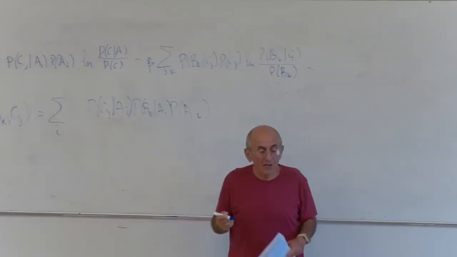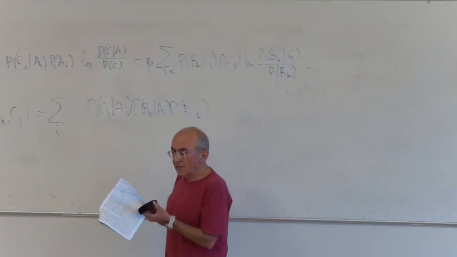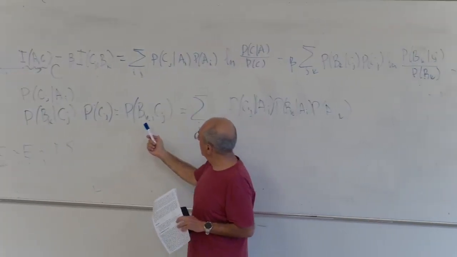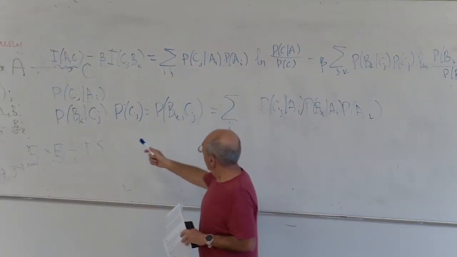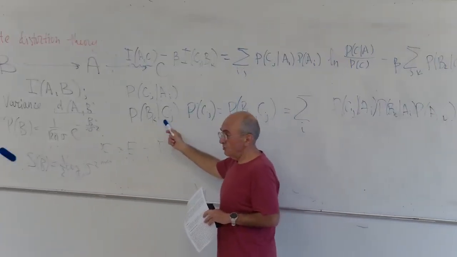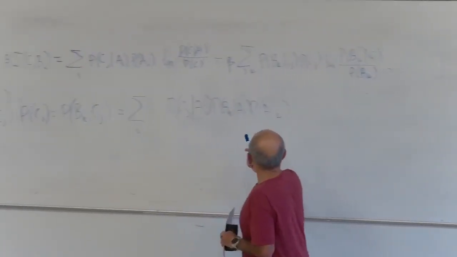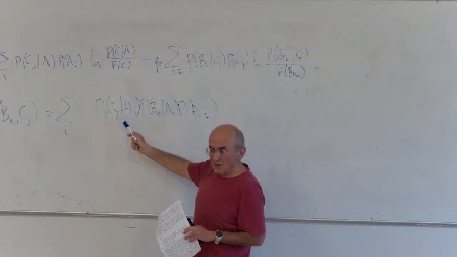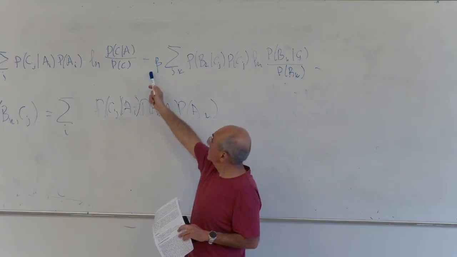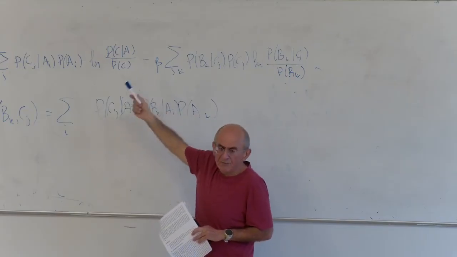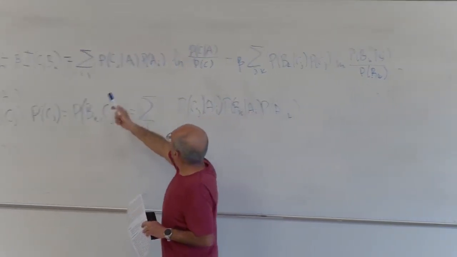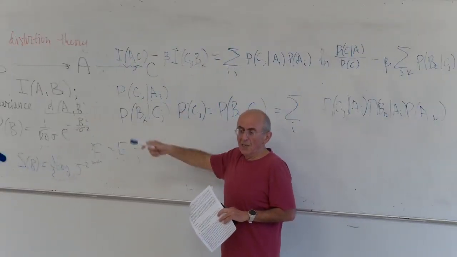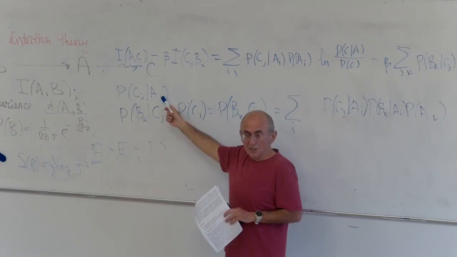And that way, again, I get a linear relation between the conditional probability that I'm looking for and that one, which I'm also looking for. Namely, when I take this expression, for example, I would differentiate it with respect to P of C given A. I'm looking for this distribution.